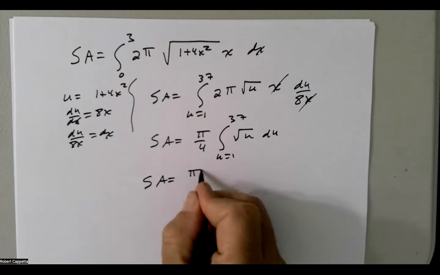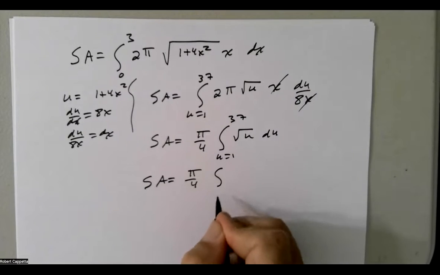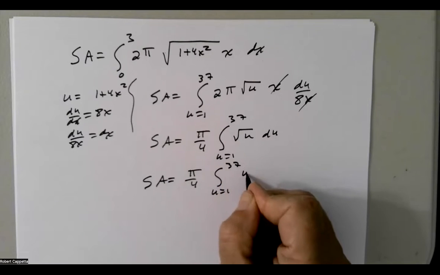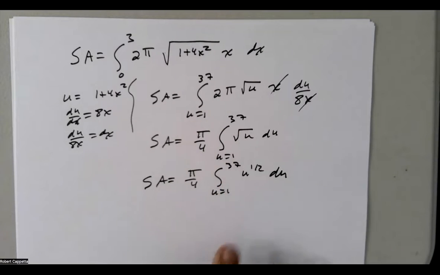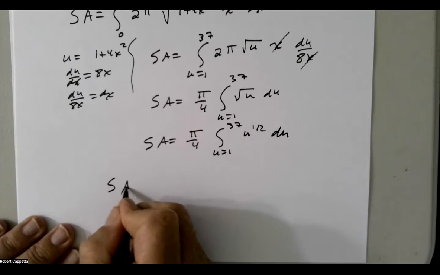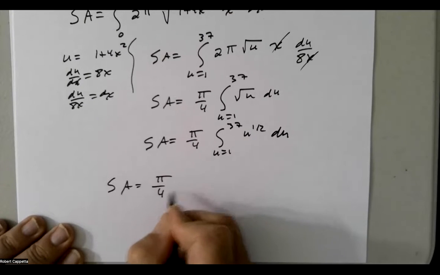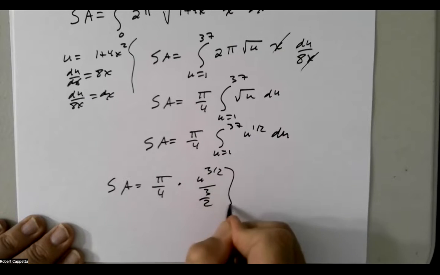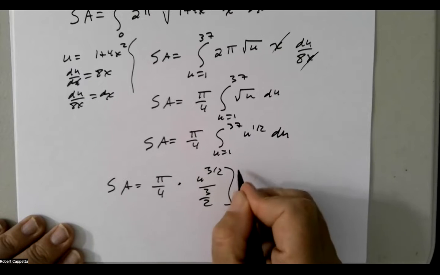Surface area is pi over 4 times the integral as u goes from 1 to 37 of u to the 1/2 du. The antiderivative of u to the 1/2 is u to the 3/2 over 3/2. Surface area is pi over 4 times u to the 3/2 over 3/2 as u ranges from 1 to 37.